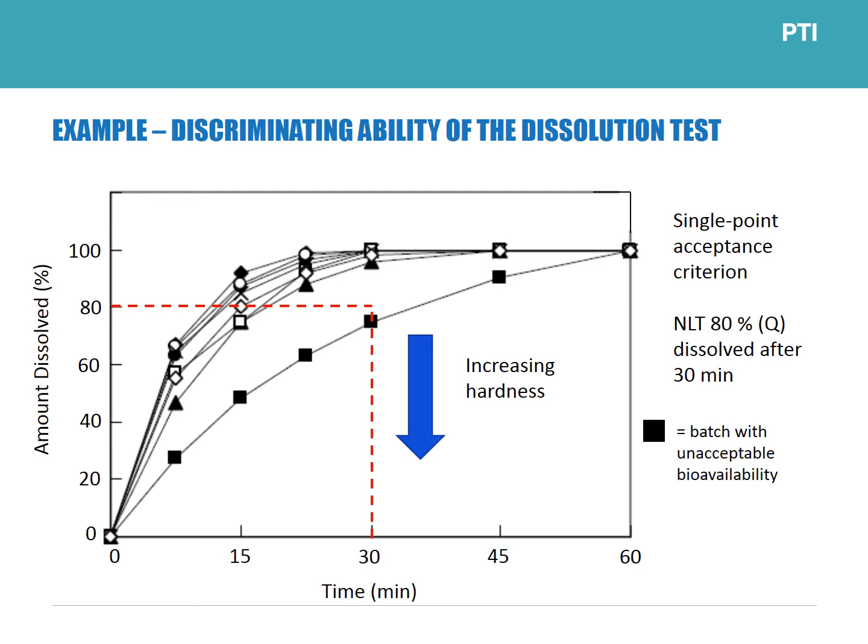So we're going to want to make sure that we control the rate of dissolution so that it's more consistent with the other batches. So if we look at the amount dissolved after 30 minutes, if we set a dissolution specification of not less than 80% Q dissolved within 30 minutes, then we are adequately controlling the dissolution profile of the drug product batches that we're manufacturing.